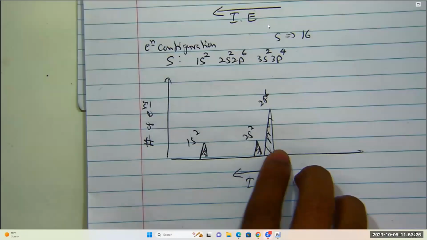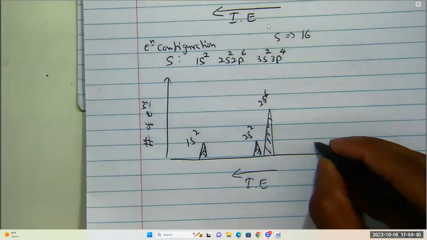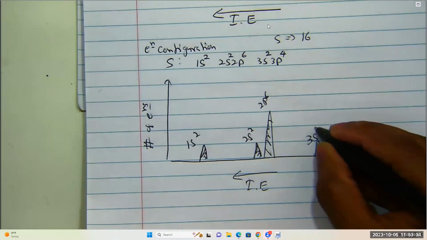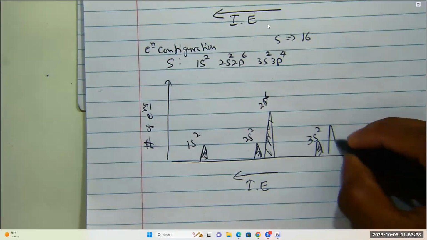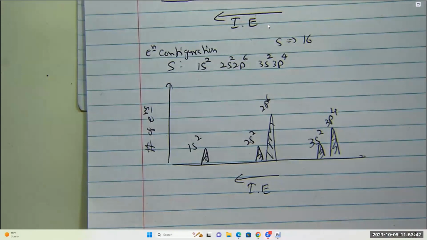But within the subshells, the energy gap is smaller. And then we have the third shell, with 2 electrons in 3s, and only 4 electrons in 3p. So this should be my electron spectrum for sulfur.